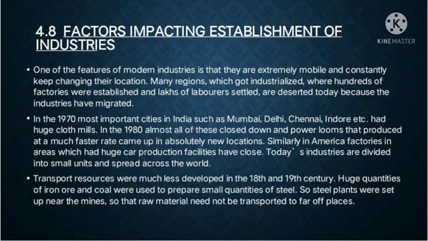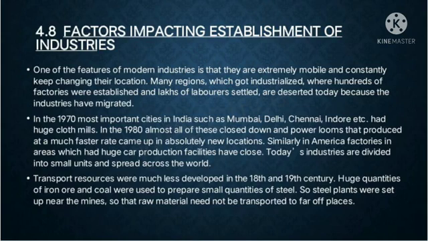Now, let's discuss factors impacting establishment of industries. One of the features of modern industries is that they are extremely mobile and constantly keep changing their location. Many regions which got industrialized, where hundreds of factories were established and lakhs of laborers settled, are deserted today because the industries have migrated.